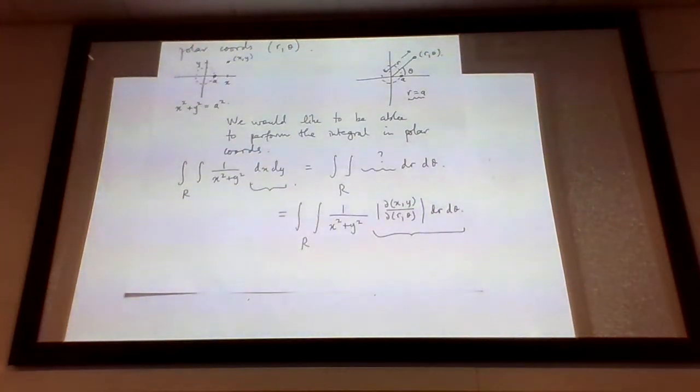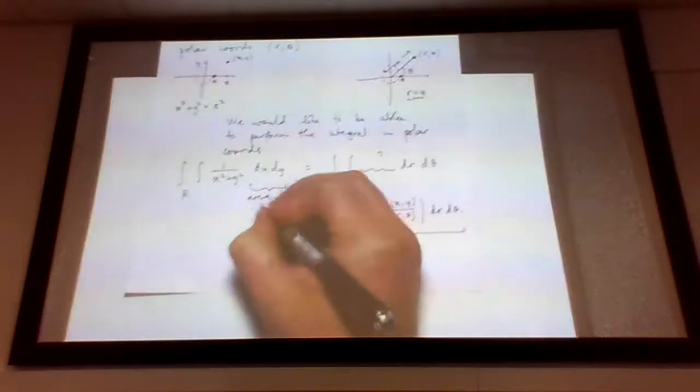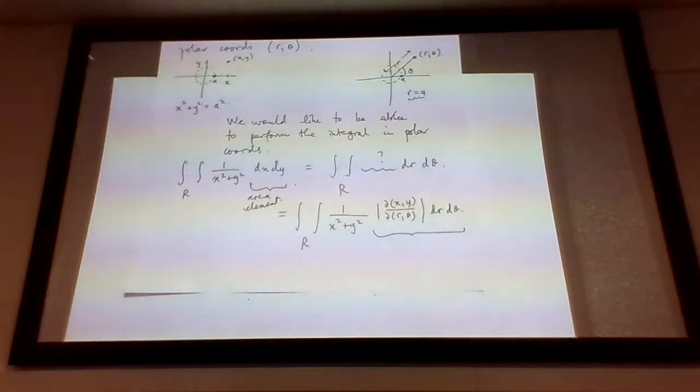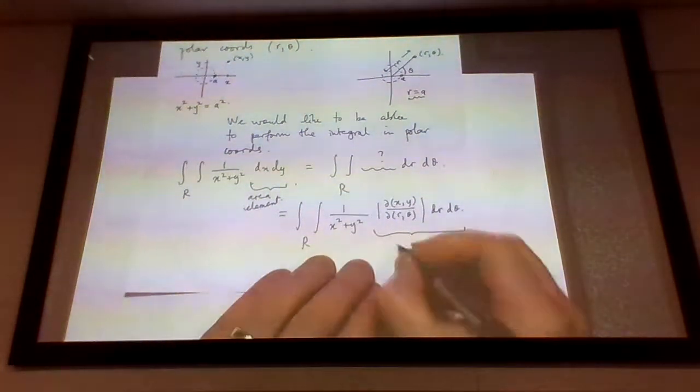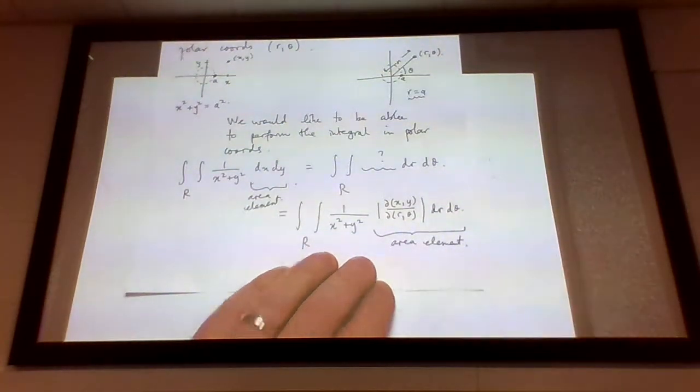Now, to explain what's going on here, this dx dy expression is often called the area element. And this thing over here is the corresponding area element for polar coordinates.